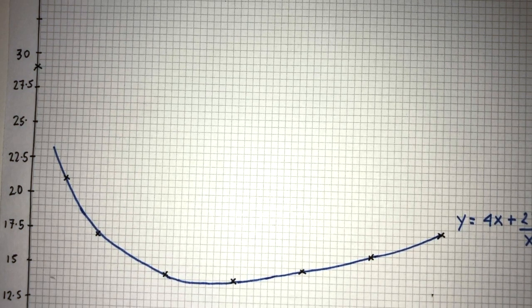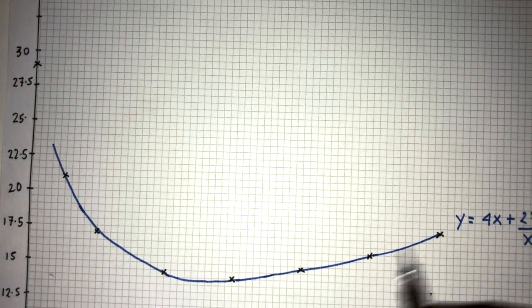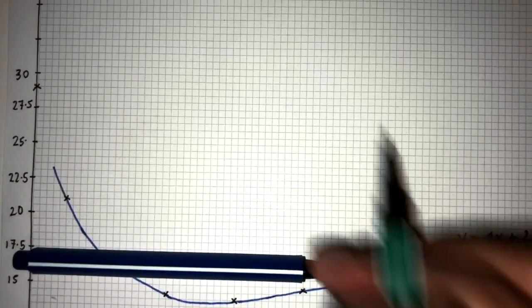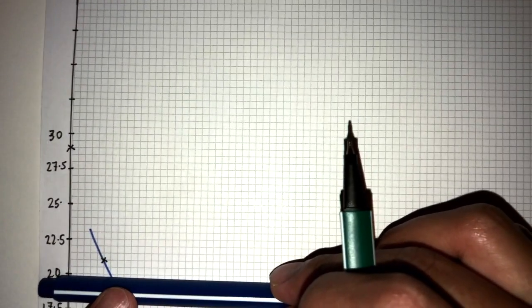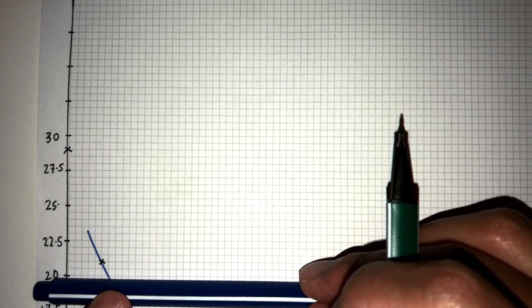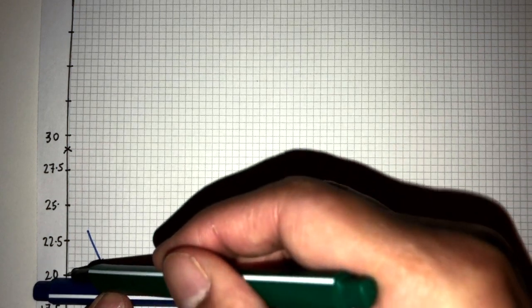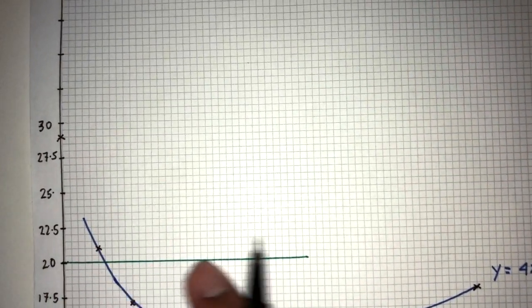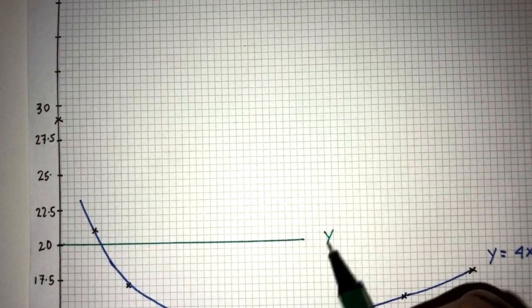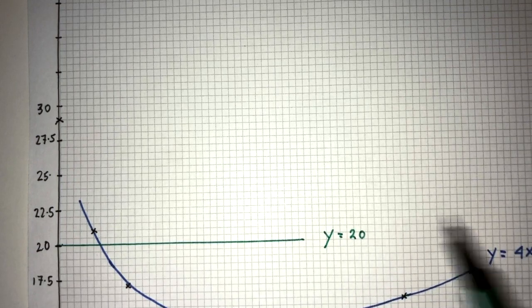Again, I don't have a ruler, so good luck. Let me just try to draw this in this way. So this is my line at the value of 20. You have to continue this line all the way and label this as y equal to 20.